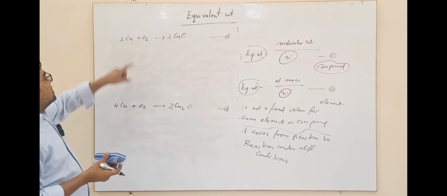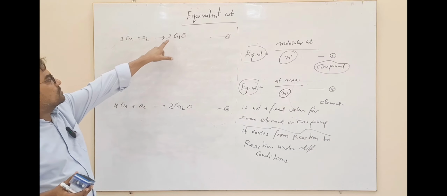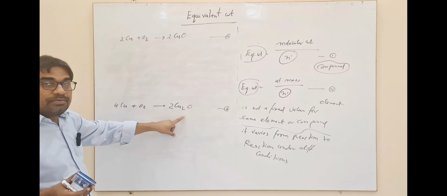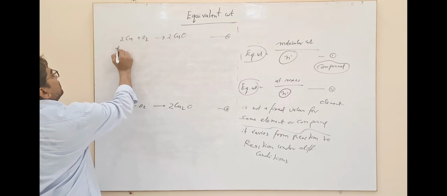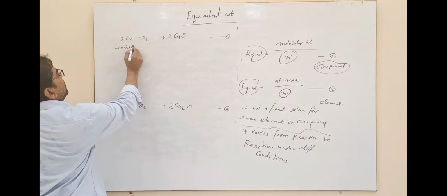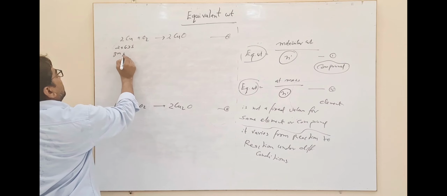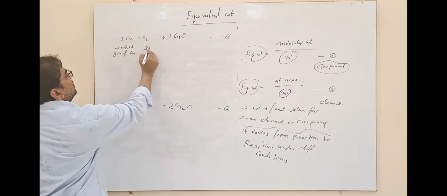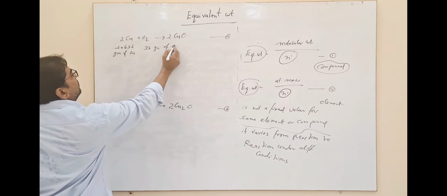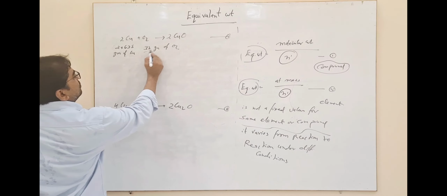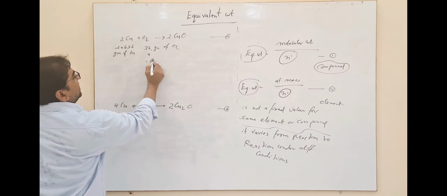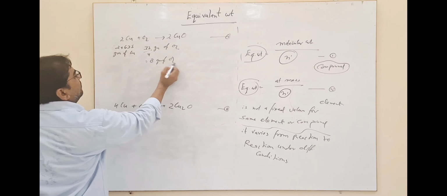In both the cases, copper combines with oxygen and gives cupric oxide and cuprous oxide. In the first one, 2 into 63.5 gram of copper reacts with 32 gram of O2. So divided by 4, it gives 8 gram of O2.